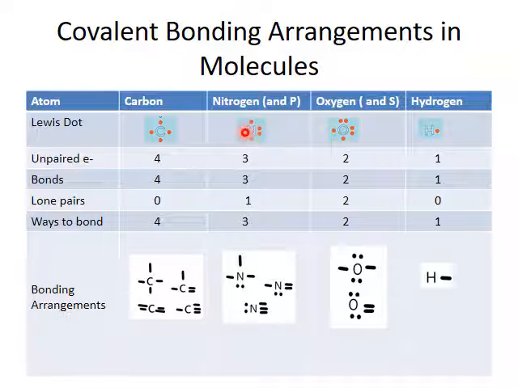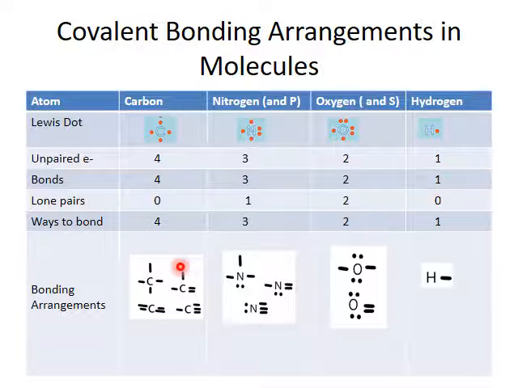Nitrogen has 3 unpaired and 1 lone pair. Oxygen has 2 unpaired and 2 lone pairs, and hydrogen only has 1 unpaired. Wherever there's an unpaired electron, there can be a bond. So carbon can have 4 bonds, nitrogen 3, oxygen 2, hydrogen 1.